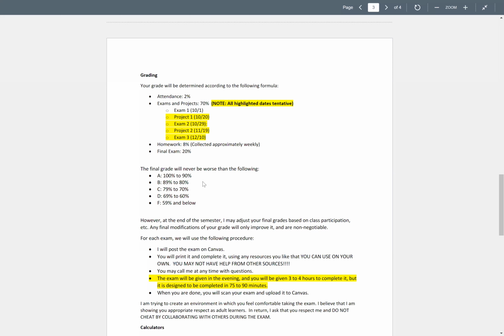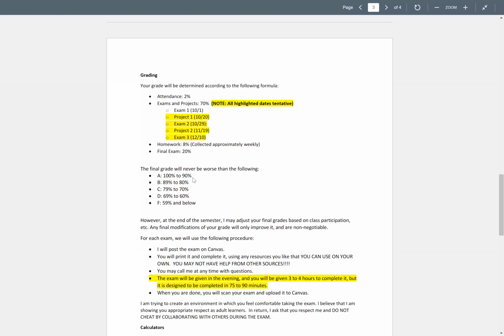I don't necessarily curve it, but I make a judgment call as to what an A is and what a B is and what a C is. So in other words, anyone with above a 70 will always have a C. Anyone above an 80 will always have a B. Anybody above a 90 will always have an A, but I might extend those ranges a little bit. All right, that's what I mean when I refer to that.